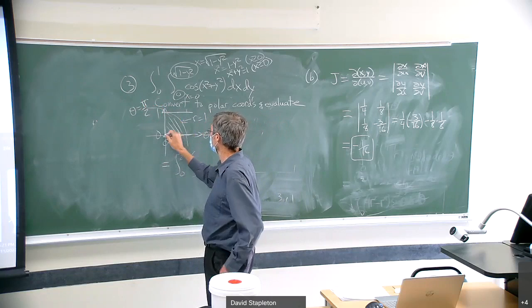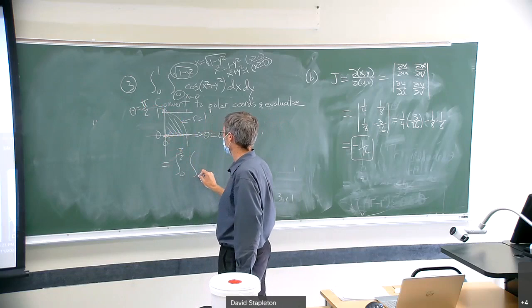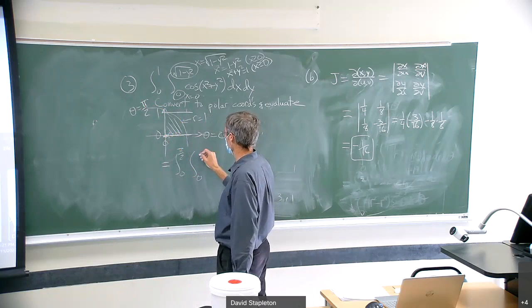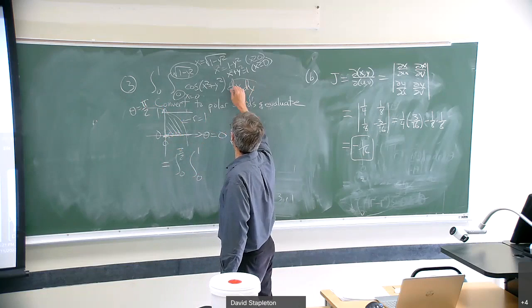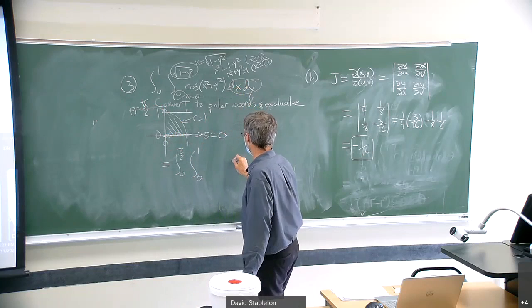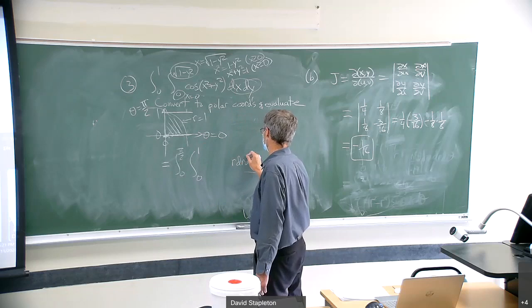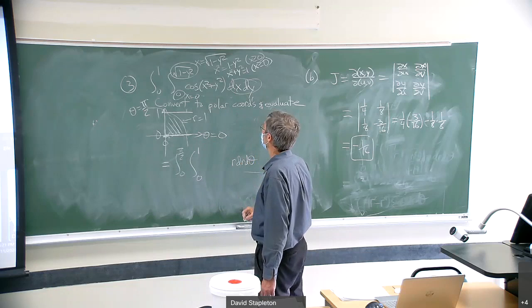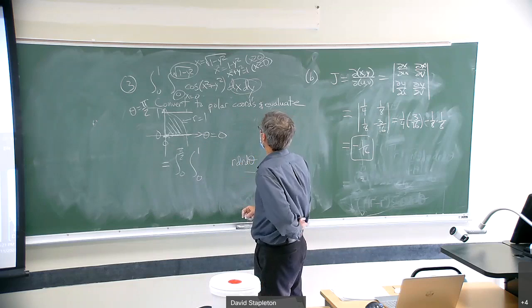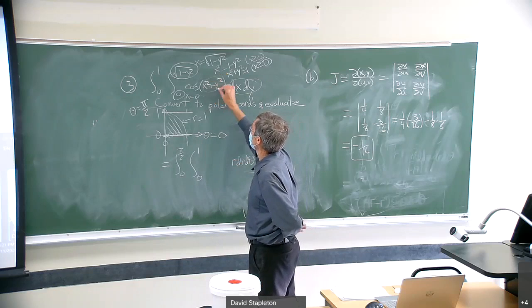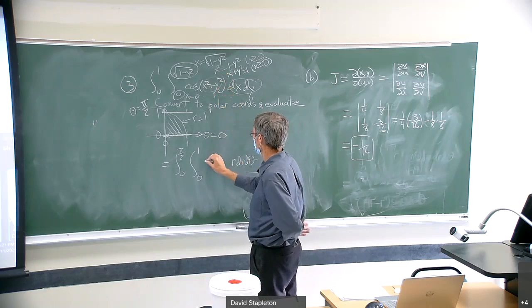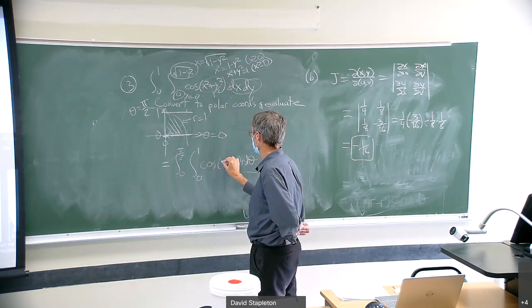R goes from the inside function of theta, 0, to the outside function of theta, 1. And then dx dy becomes r dr d theta. Right? This is the little area element in polar coordinates.